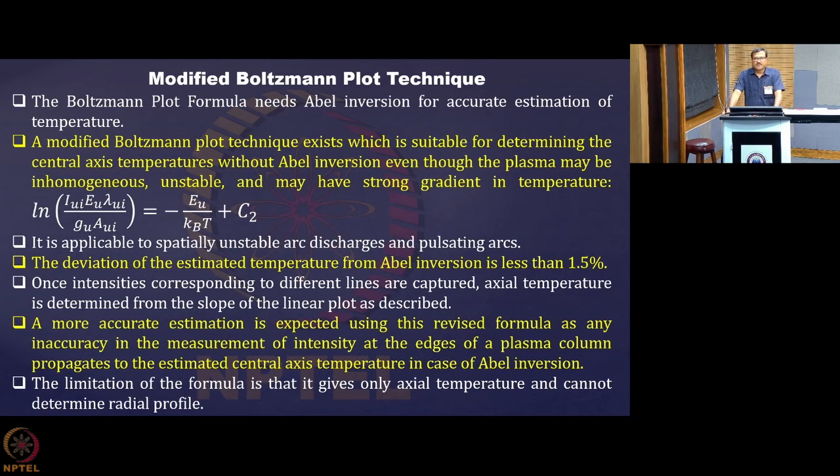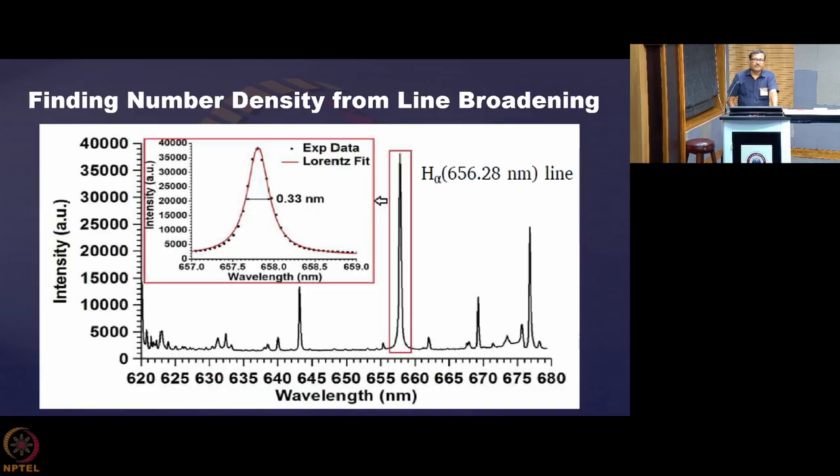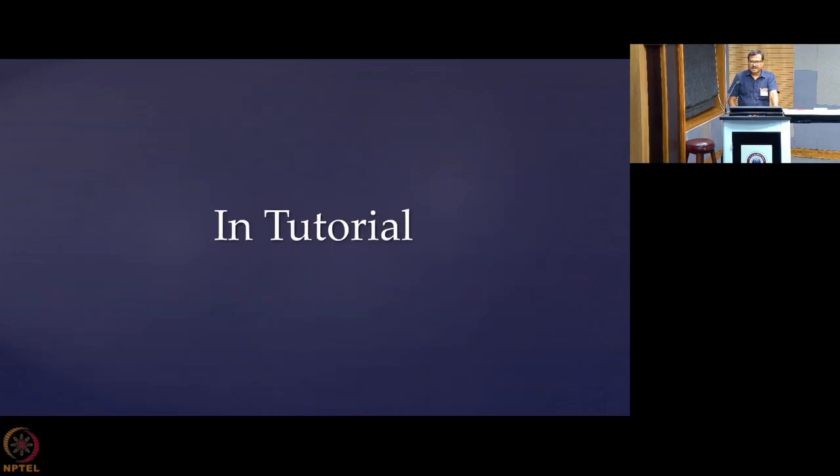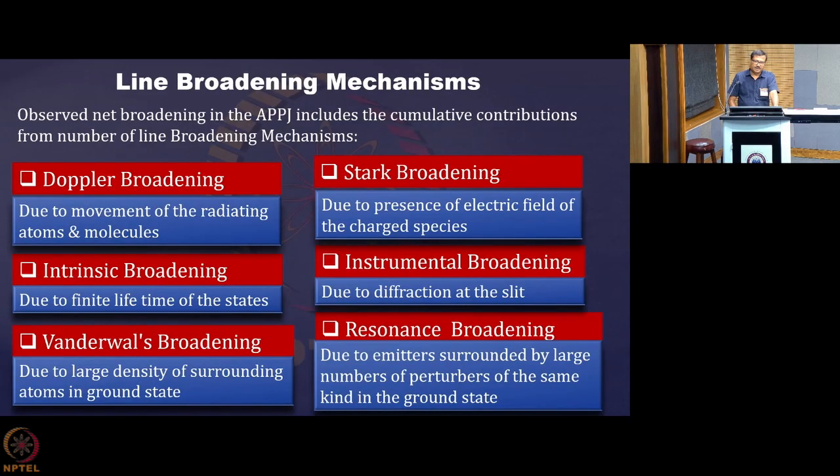So with this I stop, and I will discuss in the next class how you can find out the number density in the plasma from the emission spectra. After that I will be going to the cold plasma systems, where you will see that invasive probes are very much possible because of the lower temperature of the gas.